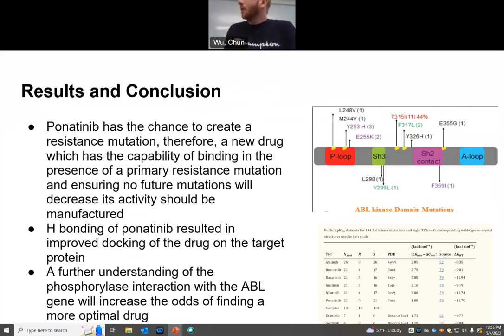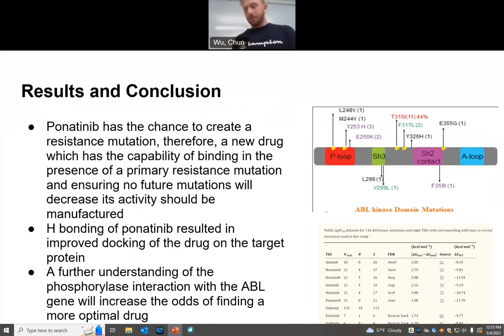And just to explain the last two images, the image in the top right is a diagram of the ABL kinase domain and the recorded mutations located on the genes that resulted in a resistance mutation to the TKI drug. Mutation T315I, which is represented in the red in the middle, has secondary resistance, which made the drug inactive, while still allowing ATP binding and kinase activity.